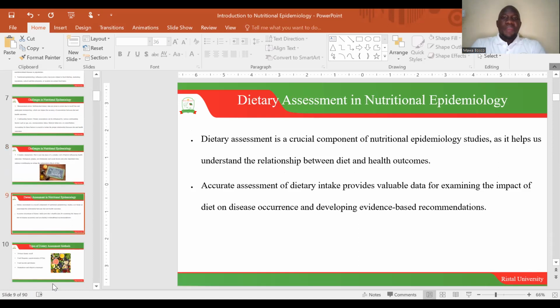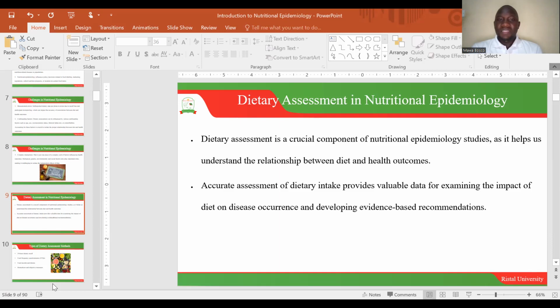Okay, so now let's move to one key aspect of nutritional epidemiology. We already said that we need to understand what people are eating and also link what people are eating to the diseases that are happening within the population. So the first thing to do is to assess what they are eating. To do that, we carry out what we call dietary assessments.